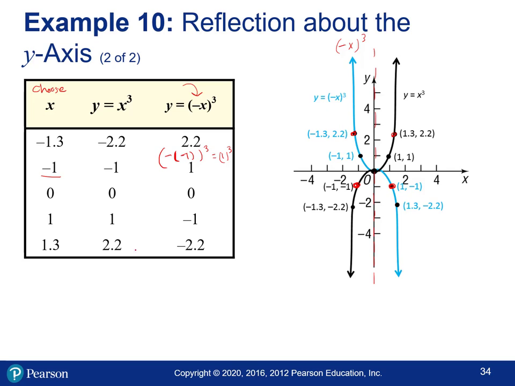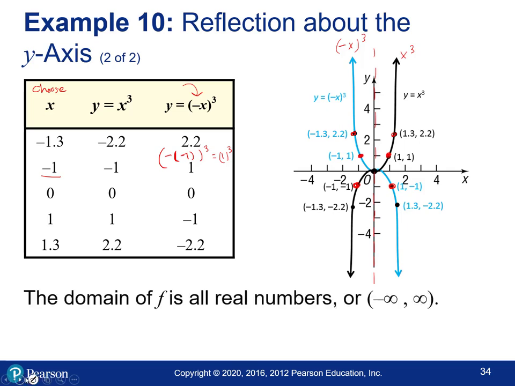Okay, so when in doubt, you can always just plug numbers in. But if you remember that the original function was this river shape, and we had the point (1, 1), then you know that because this negative is getting applied to the x, that's going to flip over the y-axis and become (-1, 1).